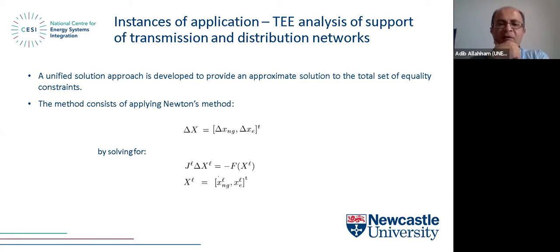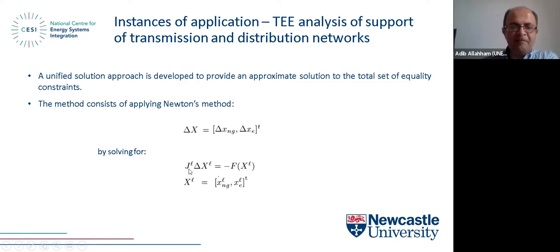By unified solutions, I mean we apply Newton methods. We have the state variables of the electricity and gas networks, and we developed a unified Jacobian matrix J to solve the method.